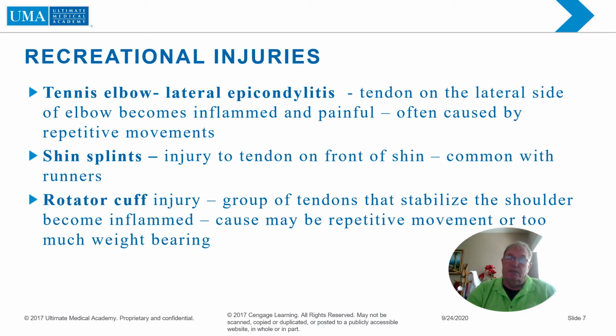You have the rotator cuff injury. It's a group of tendons that stabilize the shoulder. This can occur in football injuries and in its rotation, and it's usually weight bearing. A lot of times, rotator cuff injuries occur with your offensive and defensive linemen due to the contact on the initial push, trying to get a person off the ball.